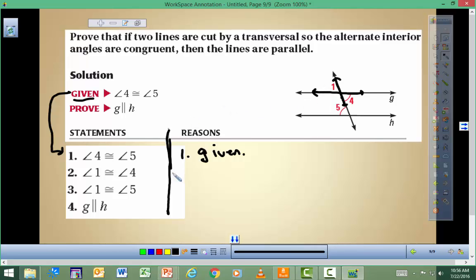We learned back in chapter 2 that vertical angles are congruent. So this is simply called the vertical angles are congruent theorem, and we'll abbreviate that as a theorem.